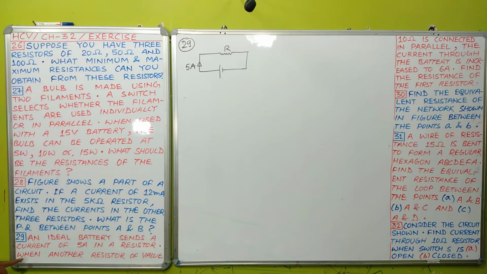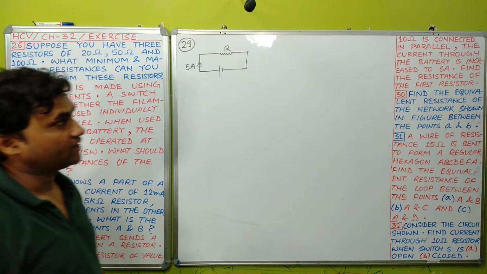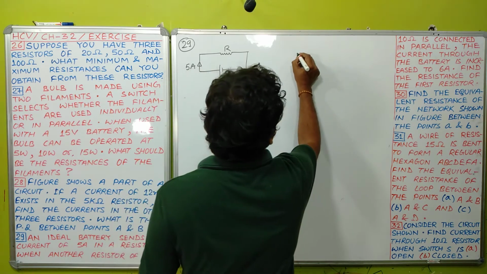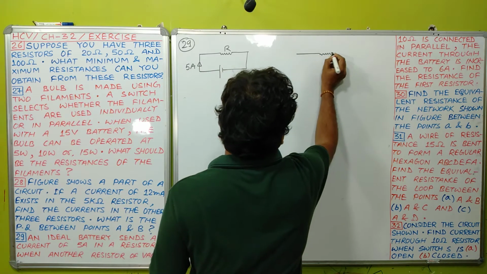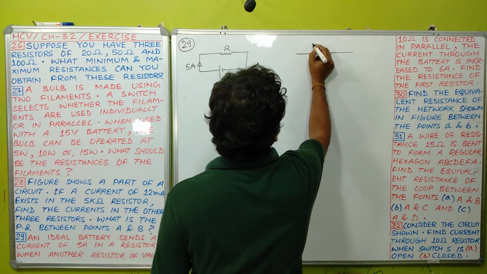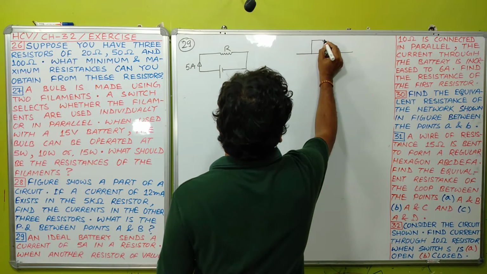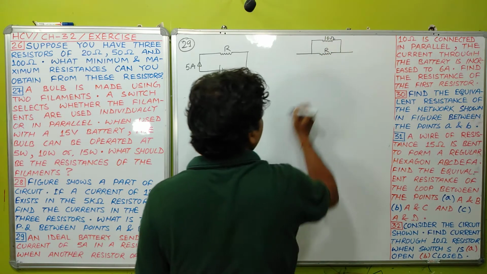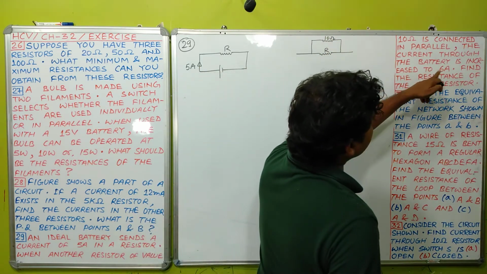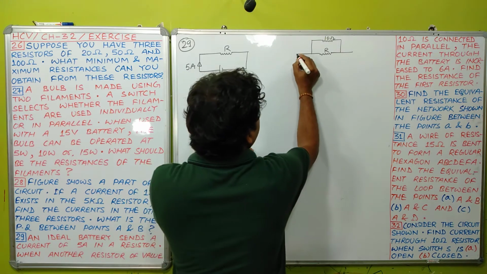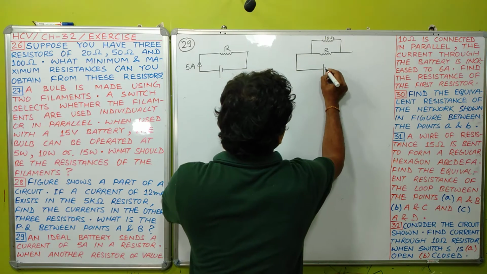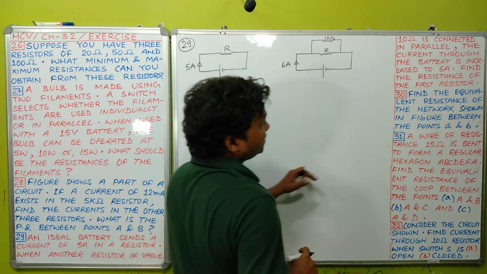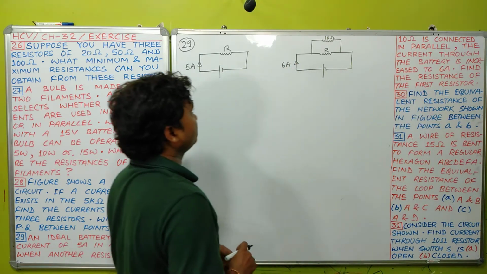Question is saying further, when another resistor of value 10 ohm is connected in parallel, now the current through the battery is increased to 6 ampere. So in this case the current through the battery is now 6 ampere. Find the resistance of the first resistor. We have to find the value of R.